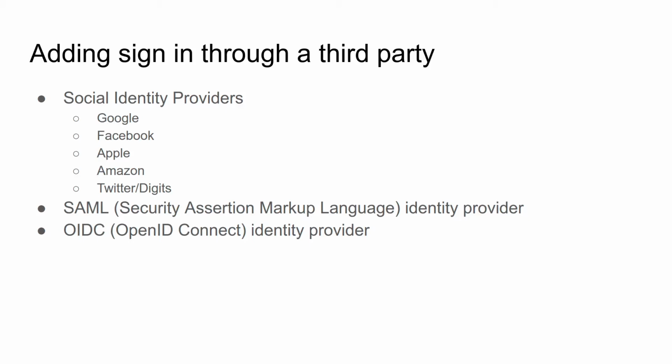And as you can see, LinkedIn is not mentioned here, and it actually doesn't fall into any of the categories. So it's neither SAML nor OpenID Connect. LinkedIn by itself supports only OAuth, and Cognito cannot directly integrate with it.